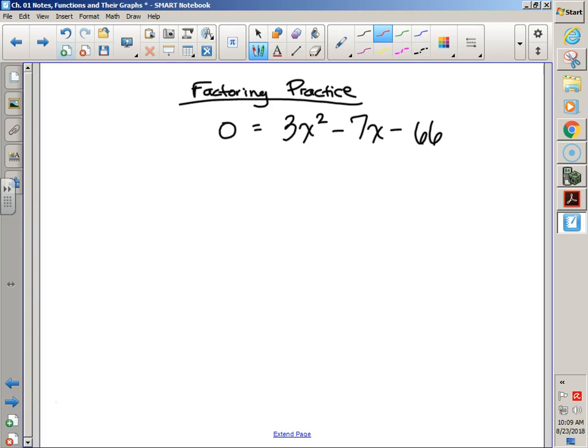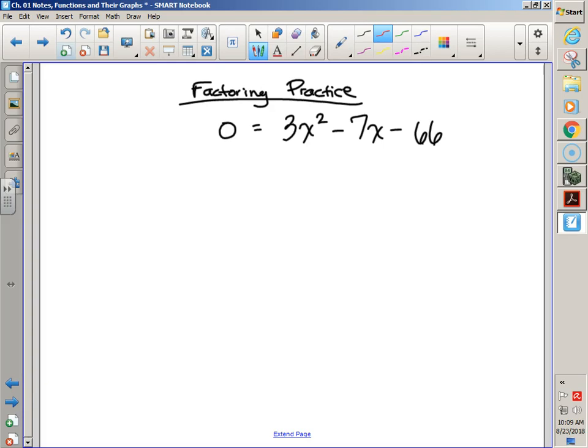What's the last term? Negative 66. The last two placements need to multiply to be negative 66, and the first two need to multiply to be 3x squared. Now, I don't usually write this; it's just kind of in my head, but I'm showing you what I'm doing.